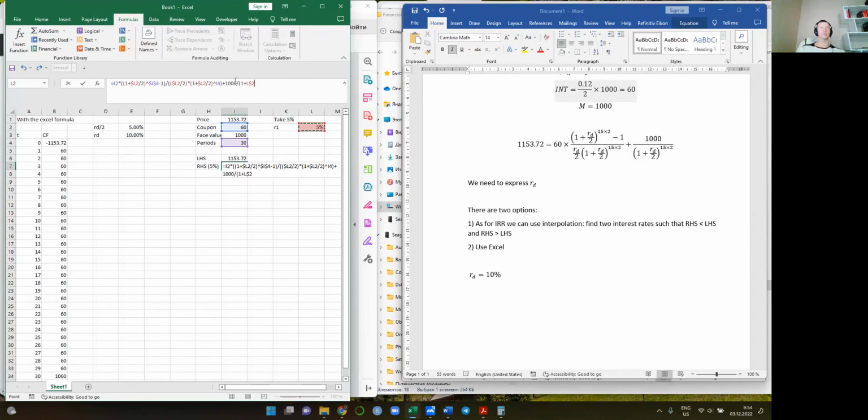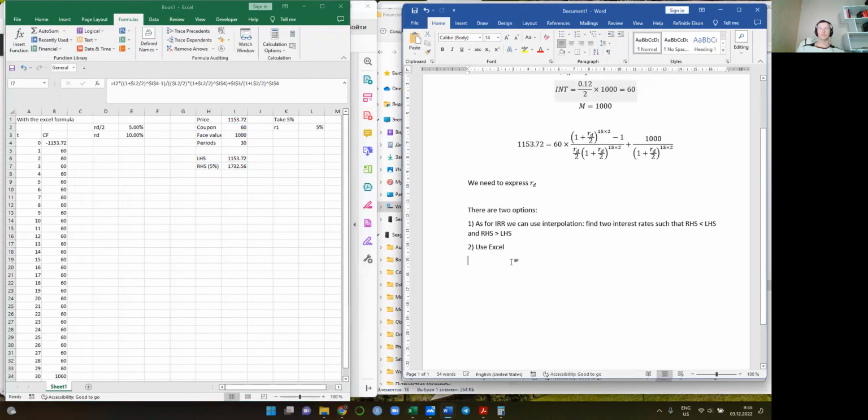And 1000 can be taken from the face value. Okay, seems like we have 1732.